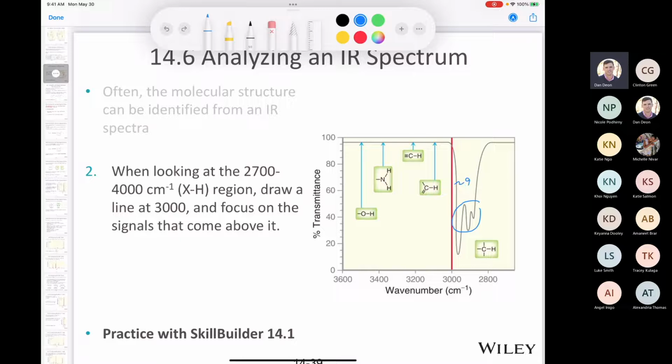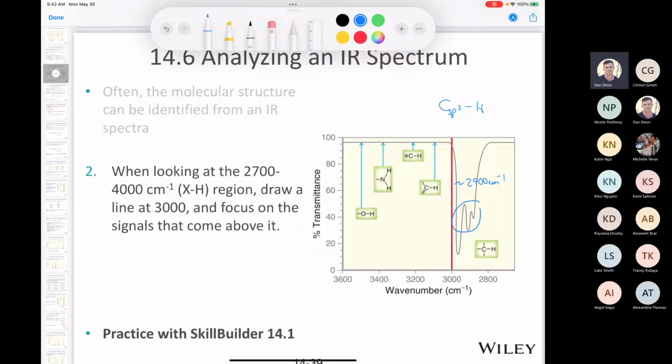This is ubiquitous, in all the spectra that we see. If you're wondering why I always see a blob just below 3000, it's because those represent the sp3 hybridized carbon-hydrogen bond stretches, and there are so many different types of sp3 hybridized carbons in most organic molecules that we see a large blob there.